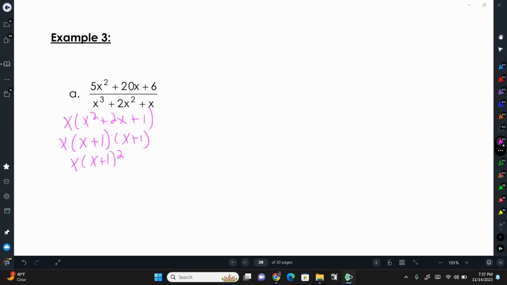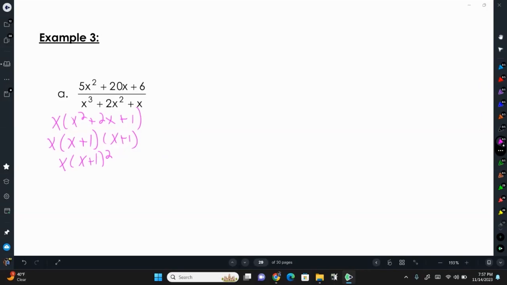So what that means is that when we set up these fractions, we're going to have the original 5x squared plus 20x plus 6 over our factored form.